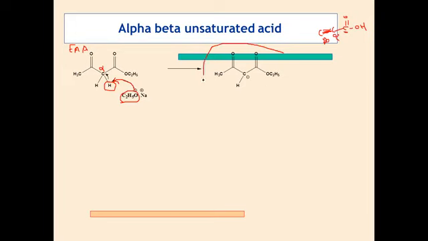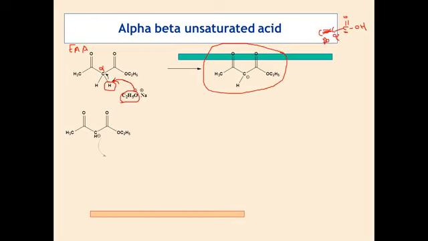This one is the carbanion of ethyl acetoacetate. As soon as this carbanion is formed, this is a CH minus, which is to be there.